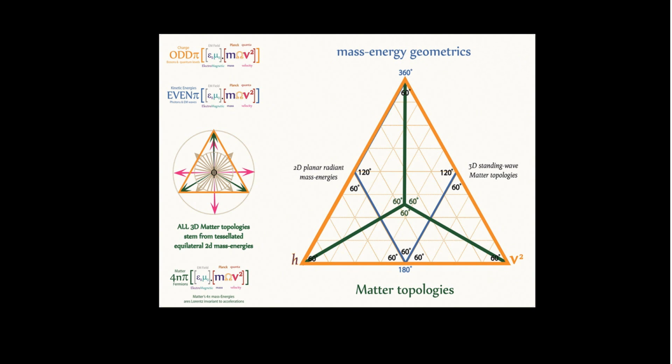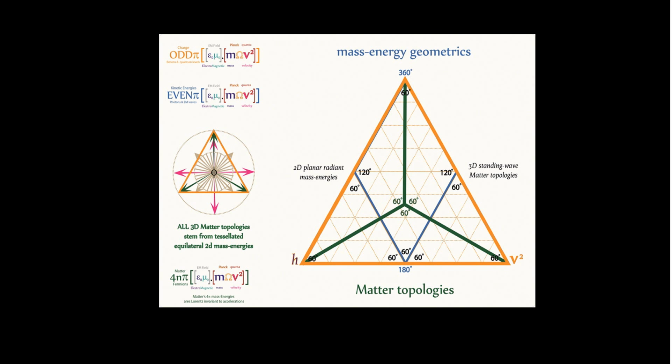And then there's the matter, or the standing wave matter topologies, which is where charges or charged energy comes together to form a 3D shape or a topology. And the radiant mass energies within that shape try to propagate, but in doing so they end up hitting each other in particular ways so as to form a circulating form of energy.